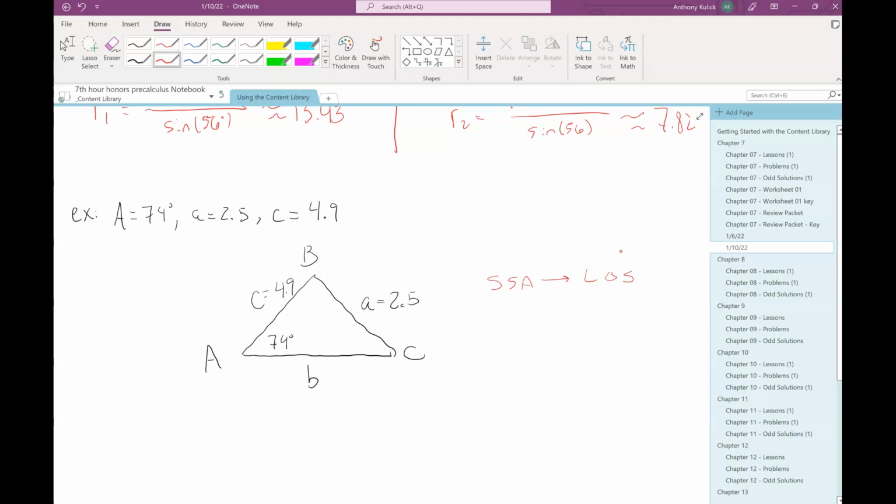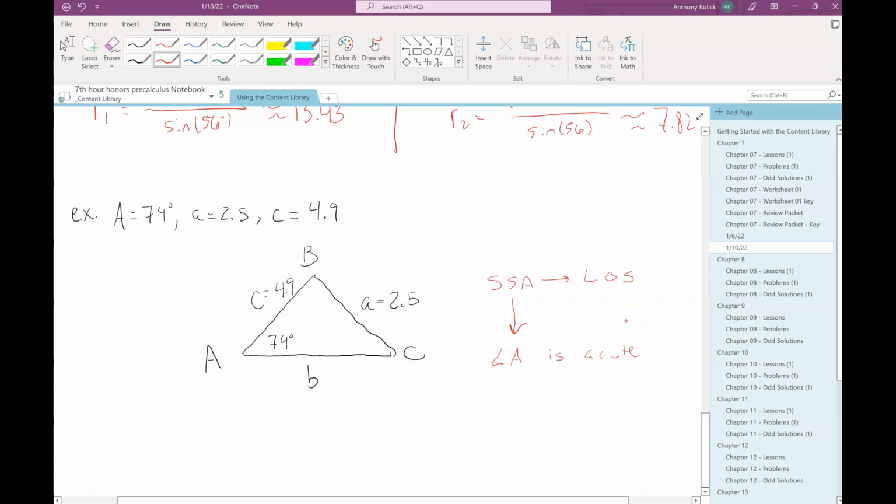So since it's a side angle situation, we know that we are using the law of sines. But in the side angle situation, we have to do a little bit of analysis before we dive right in. The first thing we do is check the size of the given angle, which is in this case acute, or obtuse. It's acute, right?